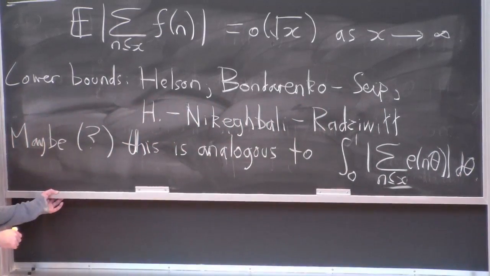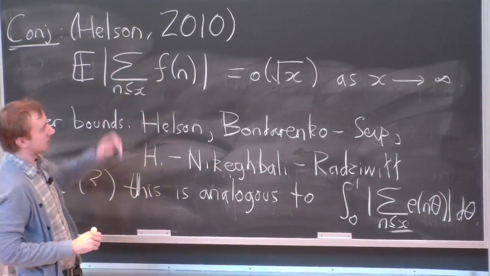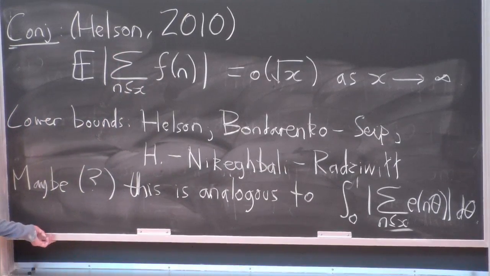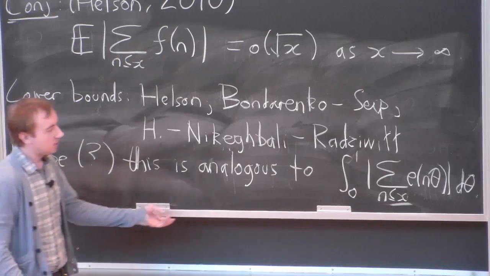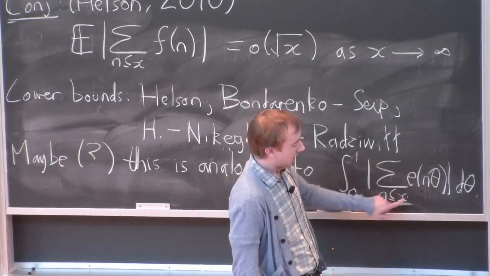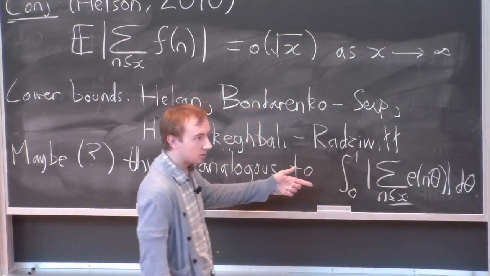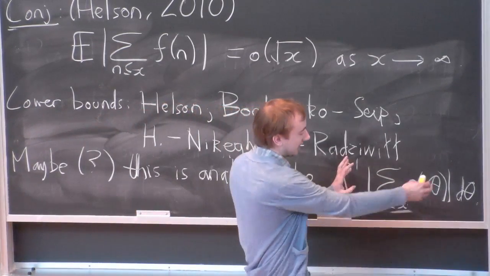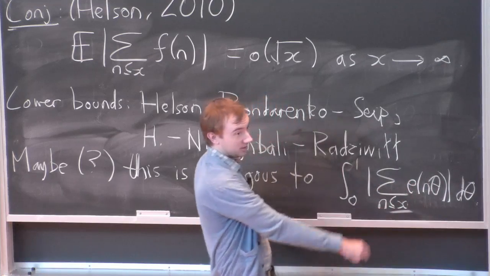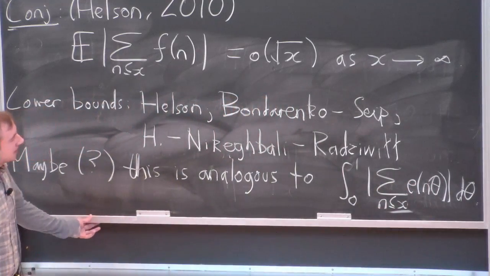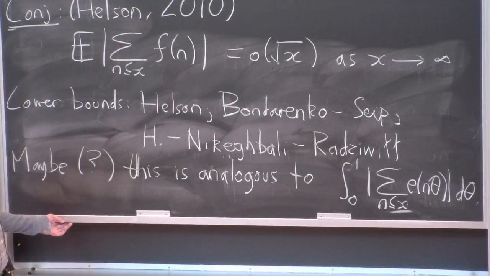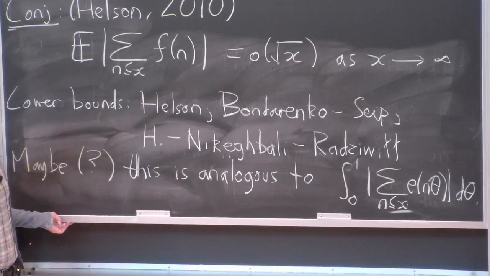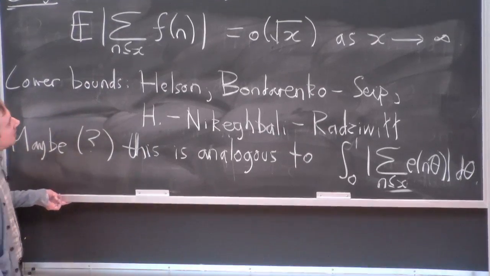So what I'm doing there is I'm taking a multiplicative character, a random character, and summing up to some point, and taking the L1 norm. And what he suggested is maybe this is analogous to taking an additive character and summing up to some point and taking the L1 norm. And if it is, then this is the L1 norm of the Dirichlet kernel, so this is actually really small. This is maybe like log x in size. So in this setting, it's definitely true that the thing is lower than root x. It's not clear that that should motivate you to believe the conjecture, but anyway, that's a reason.